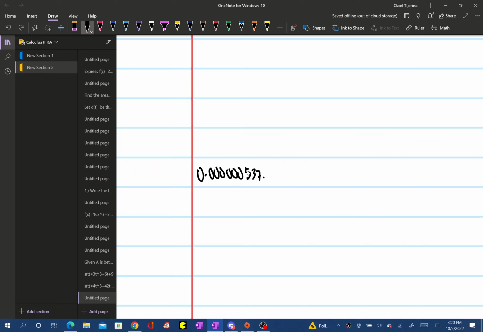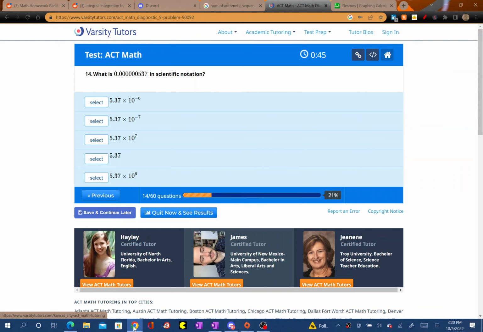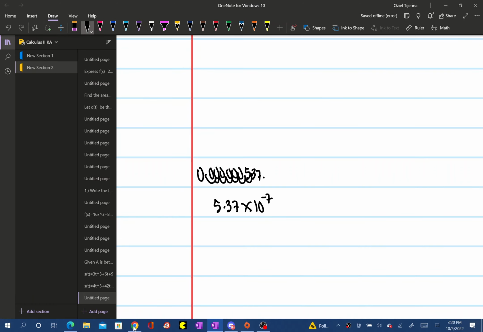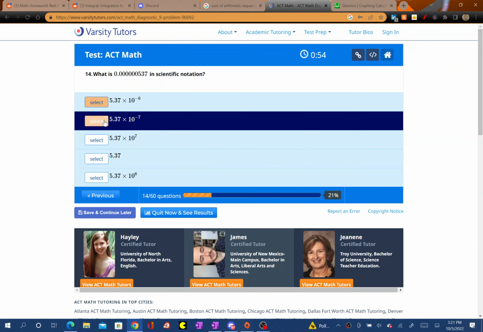So you go 1, 2, 3, 4, 5, 6, 7. 5.37 times 10, and we went 7 times, so it's going to be to the negative 7. Because if you do that times 10 to the negative 7, you're basically moving it back 7 times. So you have to be careful. It's to the negative 7 here.